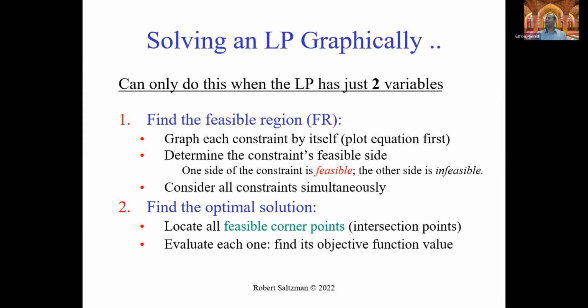The corner point that has the highest value, if you're working with a maximization problem, would be your optimal solution. Or in case of a minimization problem, the corner point that would yield the minimum objective value would be your optimal solution.